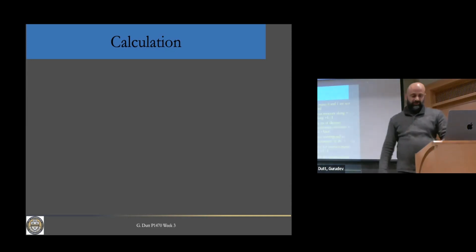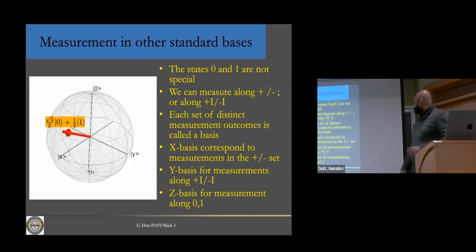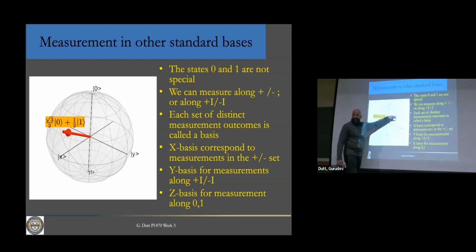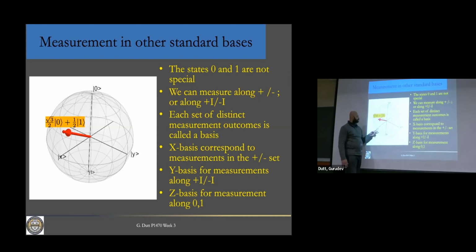So just coming back here again, this is what I was trying to say. You look at this quantum state, you can see it's sort of closer to the plus x than it is obviously to the minus x. Minus x is back there. This one is closer to the plus x.